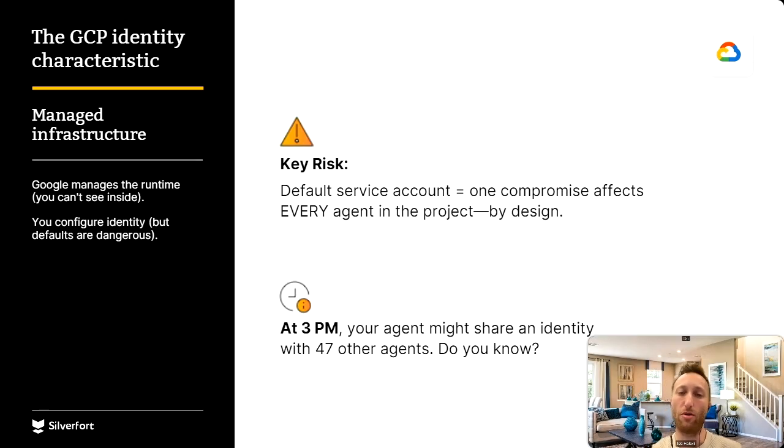You can always opt for more visibility, but you'll have to do a lot of work for that, okay? Because Google will not surface it by default. And the key risk there is, again, if you're using the default settings, sometimes one risk can affect all the agents in the same project, and that's by design, okay?